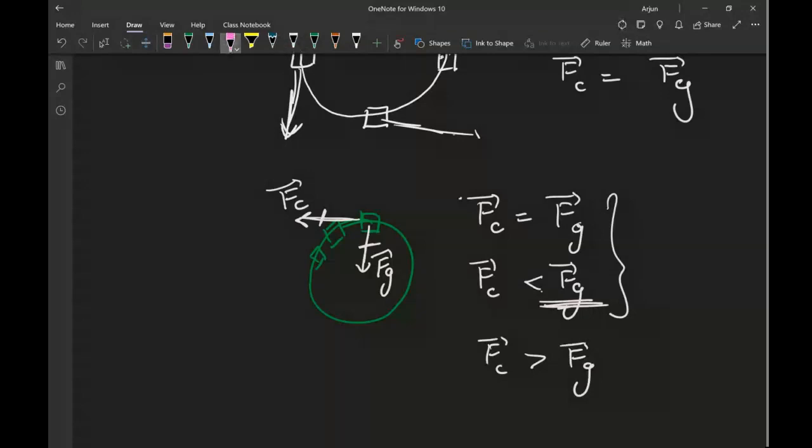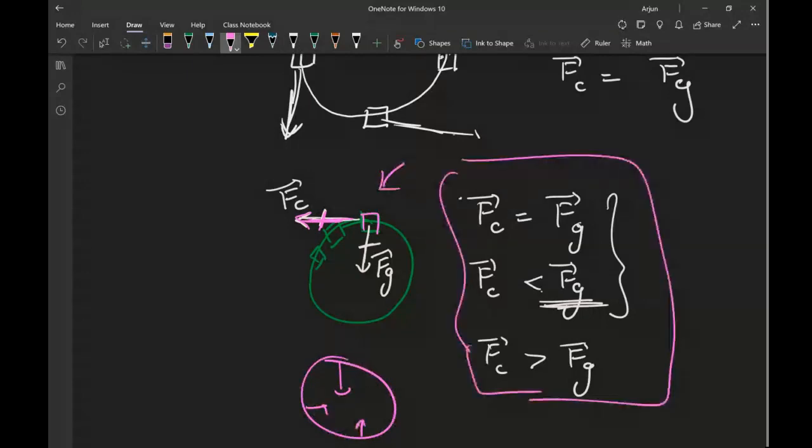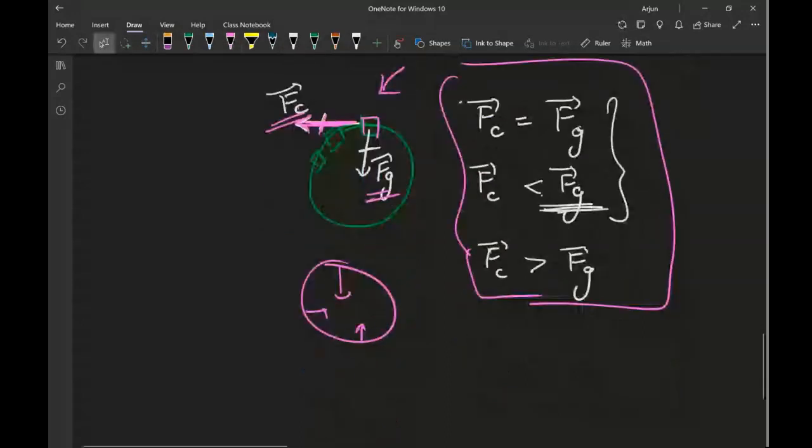But again, in reality, when we are talking about the Fc, it doesn't act away from the circular motion, not like this. In reality, it always acts towards the center. But just to write down the equation so that I can compare the cases, I used to imagine in my head that Fc is acting in this direction, Fg is acting downward, and then the car is moving fast.